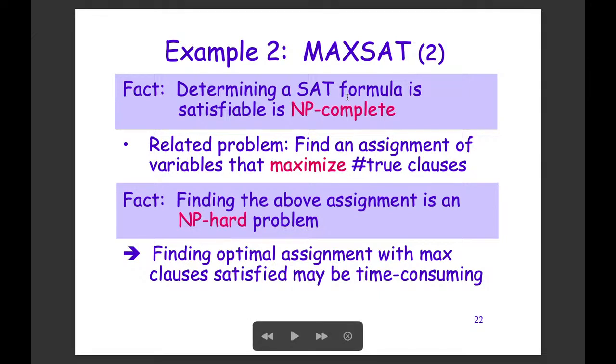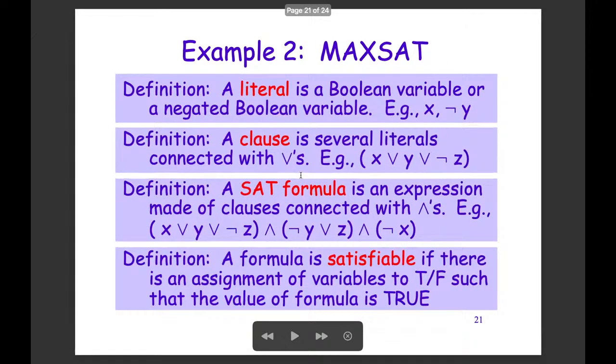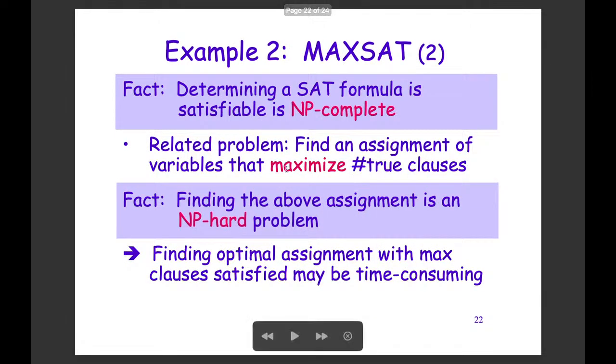But a related problem called max SAT is that we are still given the same formula as the input, but in that case we do not need to make sure every clause is going to be true. But still we want to find an assignment of x and y and z to be true or false and so on, so that we can have many clauses to be true. So what is the way to maximize the number of true clauses?